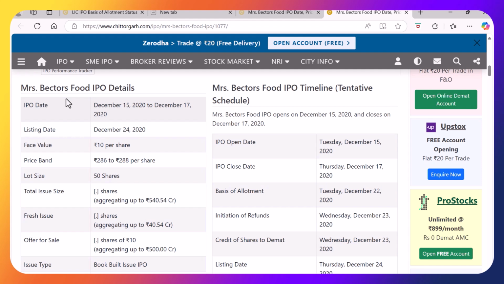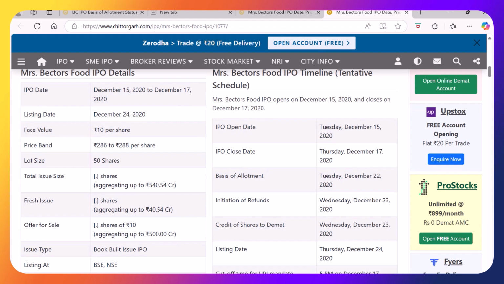Lot size 50 shares. Total issue size aggregating up to rupees 540.54 crore. Fresh issue aggregating up to rupees 40.54 crore. Offer for sale of shares of rupees 10 aggregating up to rupees 500 crore. Issue type book built issue IPO. Listing at BSE and NSE.